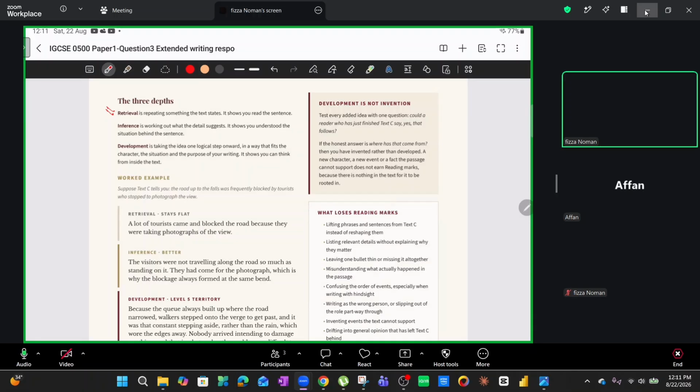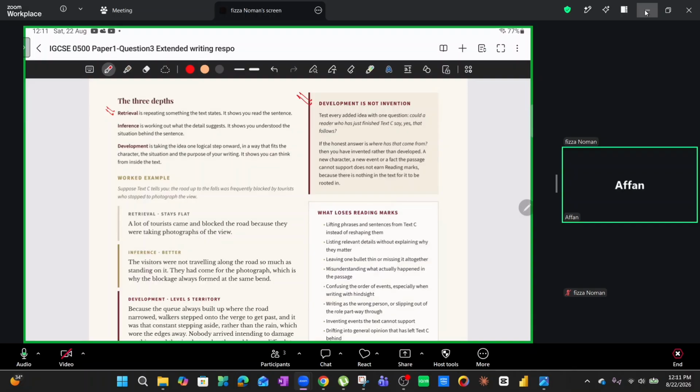The basis is the text itself, but then you are building on it. I want you to understand this point very properly, this table given. The development is not an invention of your own making. Your logic, your idea has to come from the text itself. Does that make sense? Yeah.